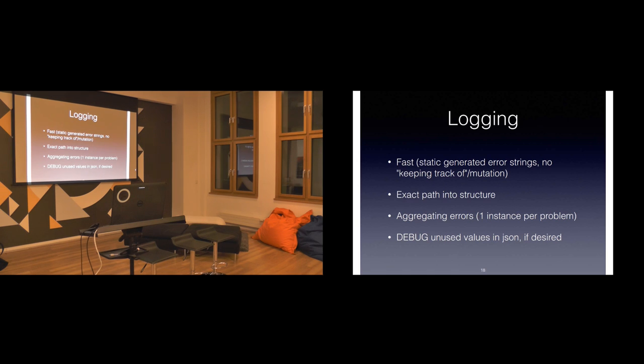But with generated code you don't need to do it, because at every point where you generate the code you already know where in the structure you are, except indices of arrays. And what you can just do is return static strings. So in case of errors, this is really fast to return, and it gives you the exact path. And it also aggregates errors. Let's say you have some long list of products and each product has the same error.